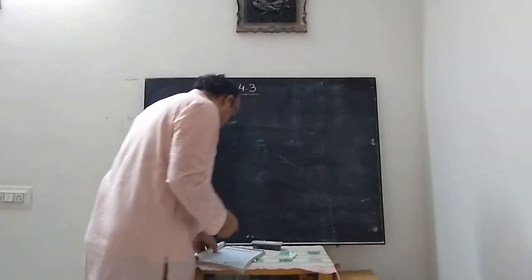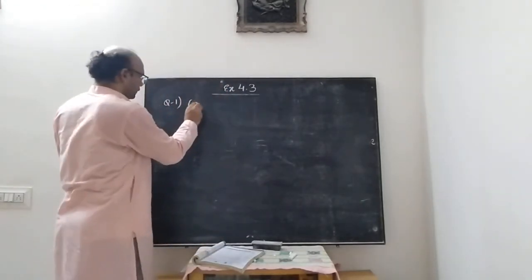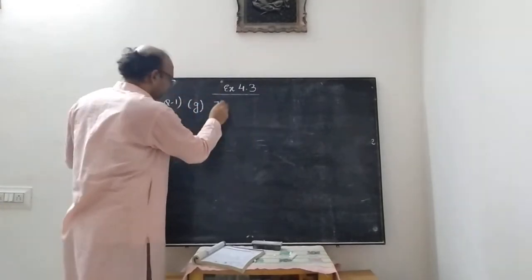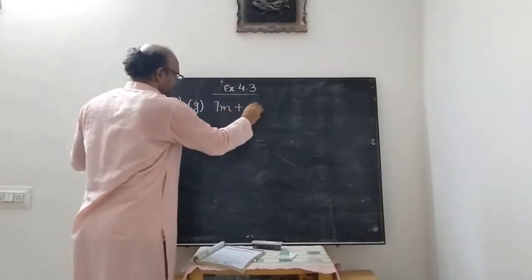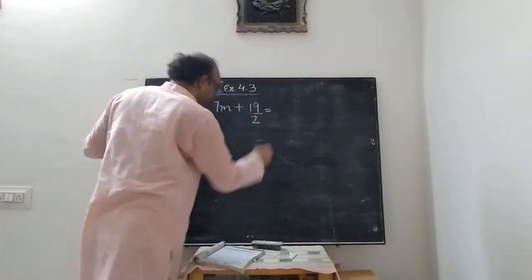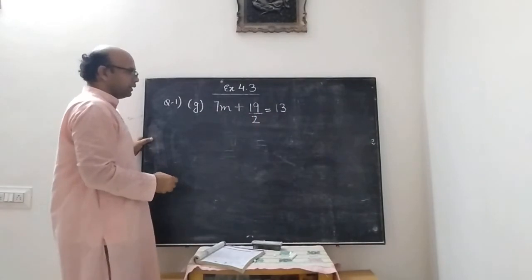Okay, we just take another example. This is the G part. It says 7m plus 19 by 2 is equal to 13. Again, what has to be done?